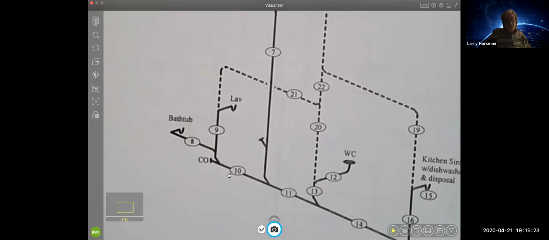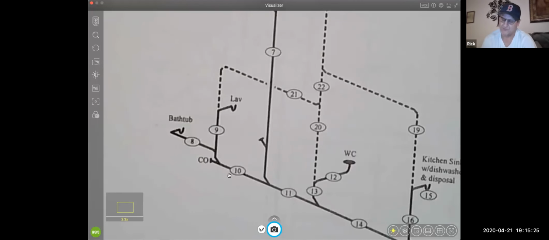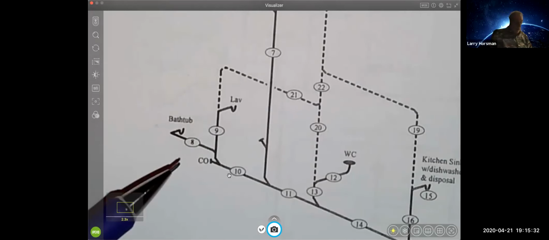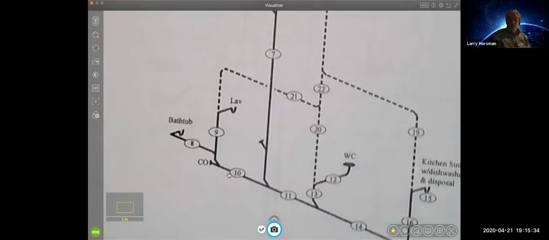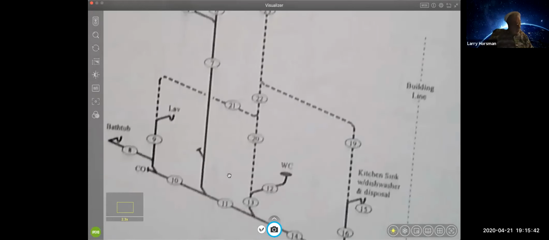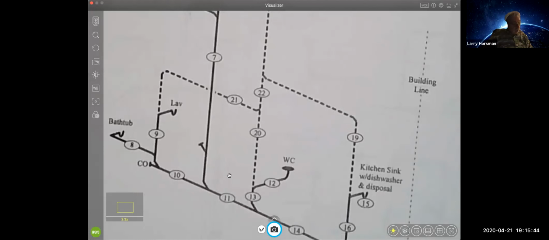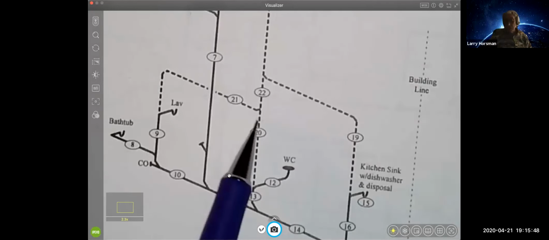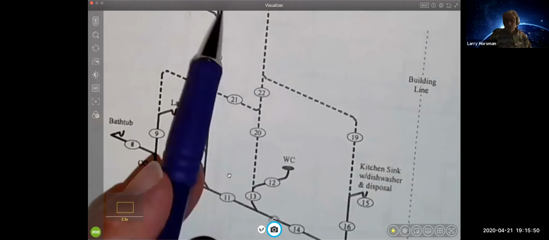And that's what they're all doing here. Interconnected, wouldn't they all be a wet vent since they're all intertwined and connected together? No, we have to look at how they're routed. Some of these are just straight circuit vents, and this one isn't connecting here. This is coming over here and coming up and avoiding all of the drainage from the fixtures above.